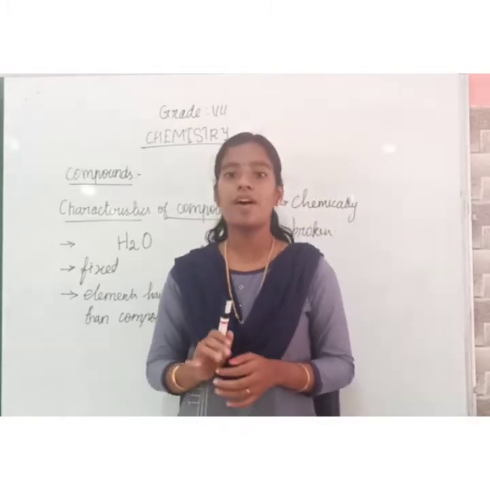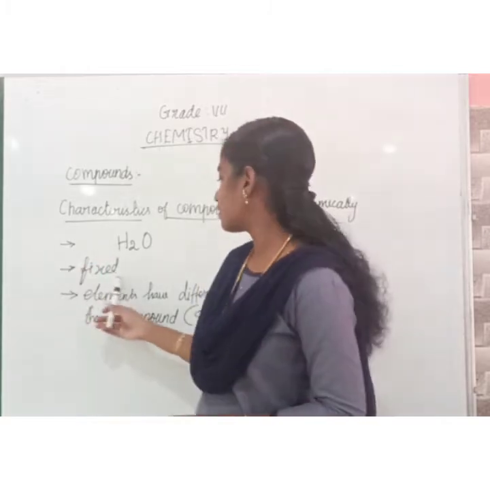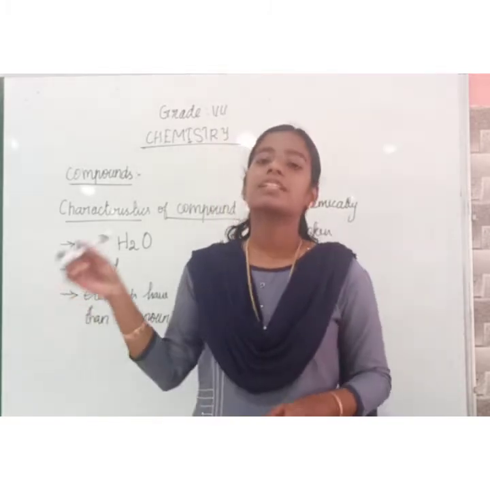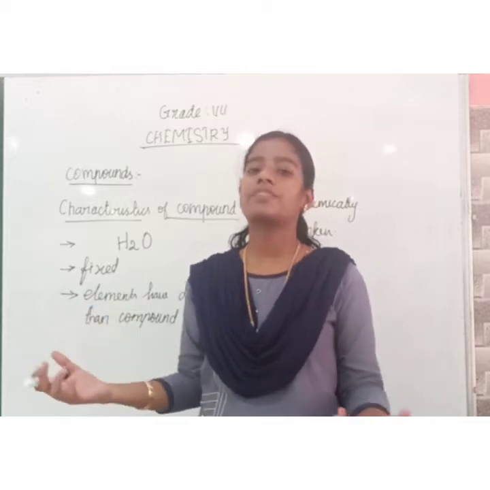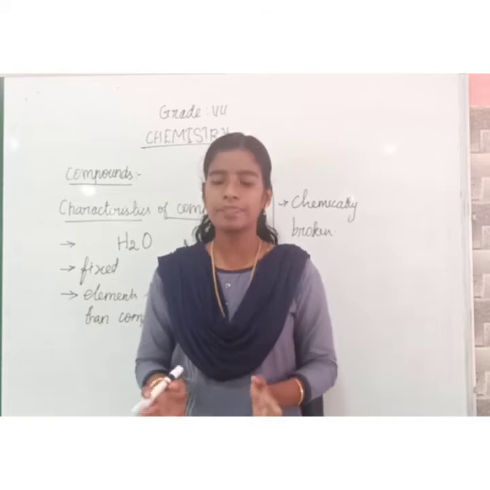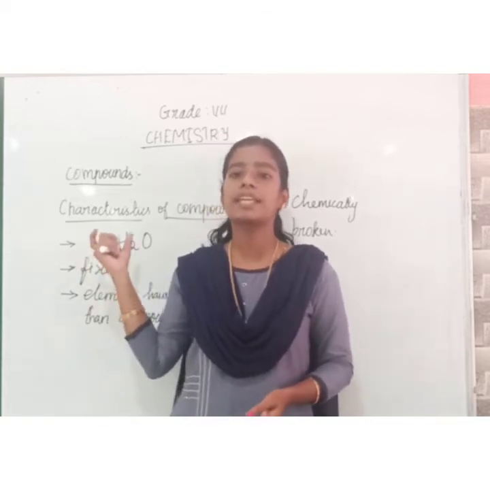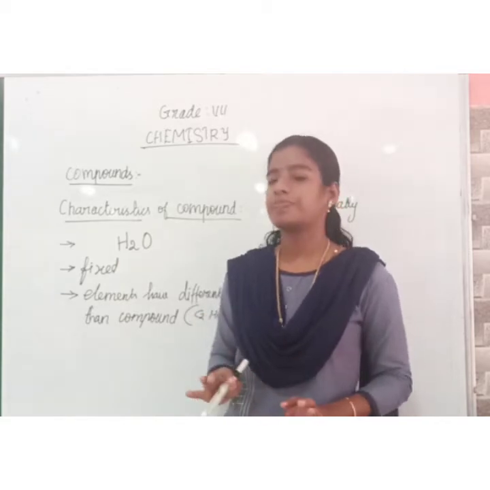The chemical formula will not vary. That is the second characteristic. The chemical composition is fixed wherever we take the water from, India, Tamil Nadu, Australia. The chemical composition of the water will not vary.